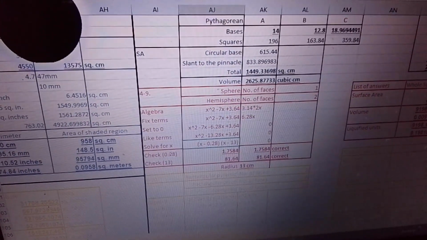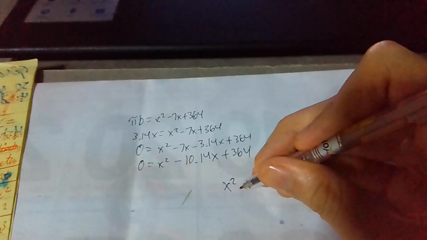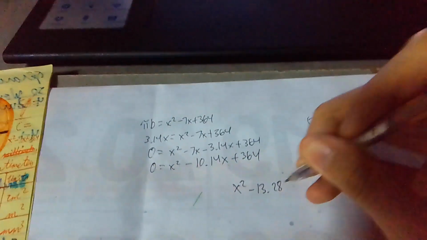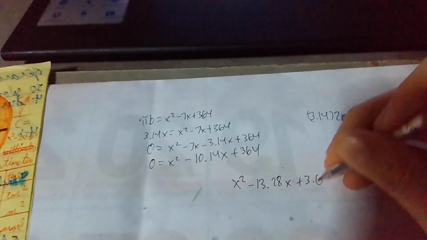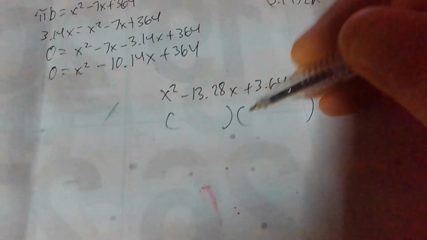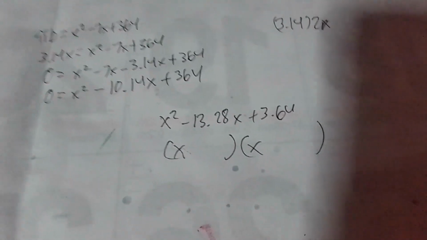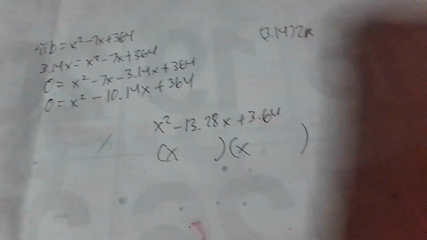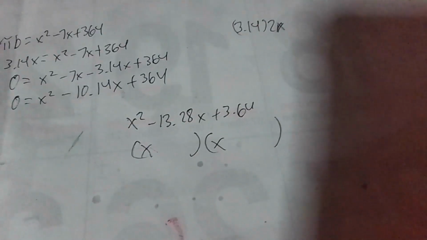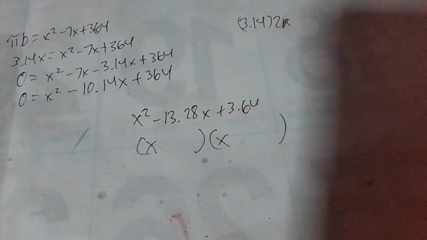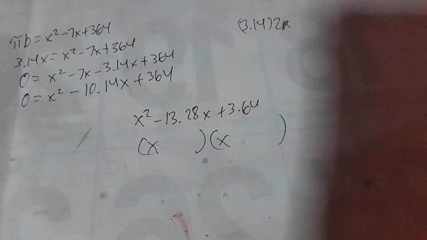Let's see. First, remember, x squared minus 13.28x plus 3.64. Right? So we need to factor. We need to find two factors that can be multiplied to give you 3.64 and add to give you negative 13.28.